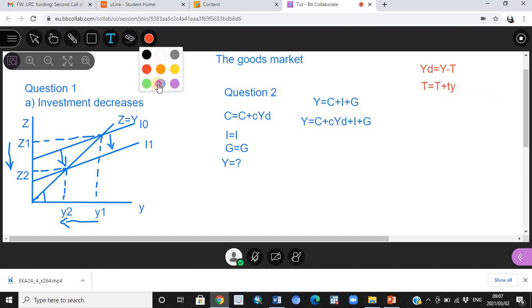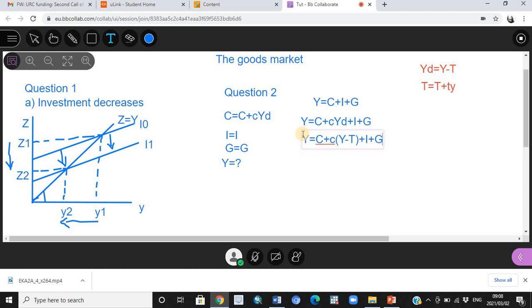I'll go back to my original column. My Y is going to be equal to C plus C multiplying Y minus T. I will plug in as I go, just to make it clear, step by step, and close the brackets, plus I plus G. If the information we have said that T only depends on autonomous T, then our expression was fine here.